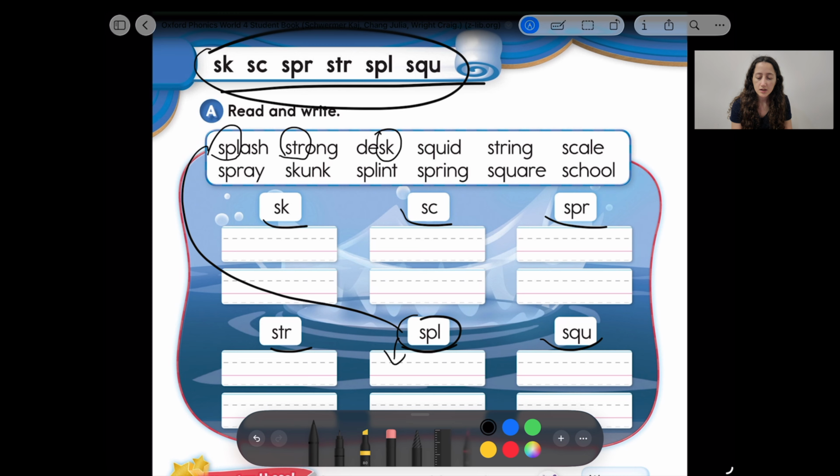And squid. String. Scale. Spray. Skunk. Splint. Spring. And square. And the last one is school.